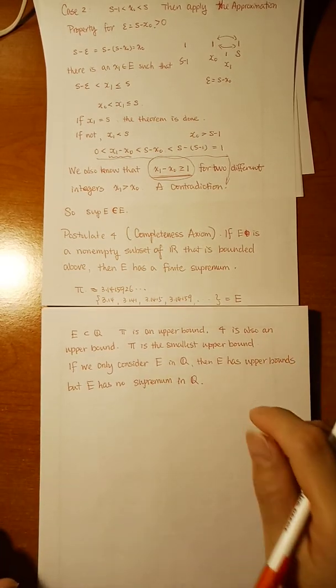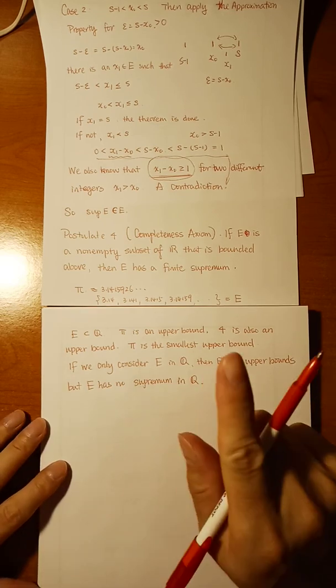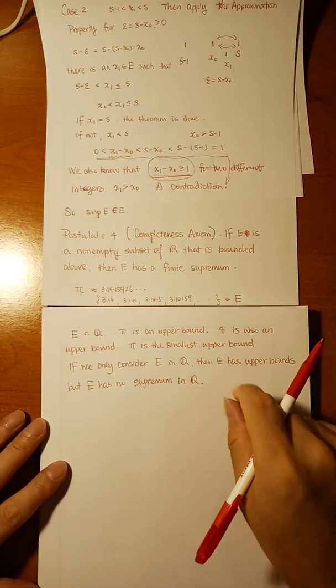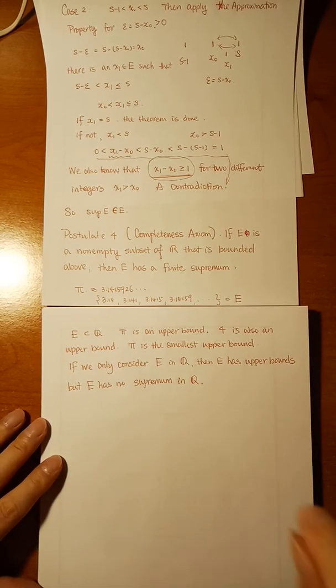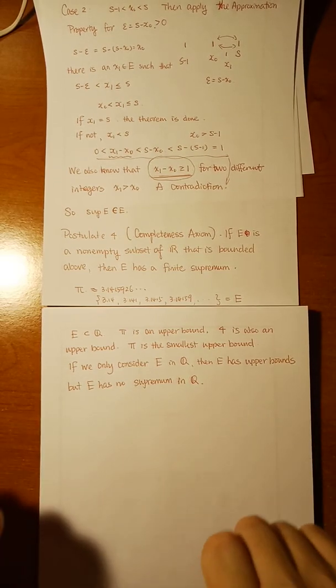But for R, we get this completeness axiom. We believe R has no holes because we use irrational numbers to fill the holes.